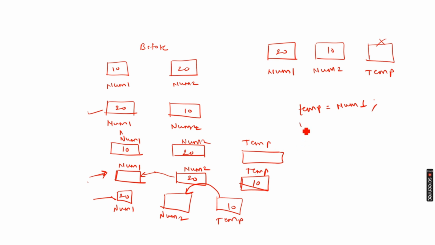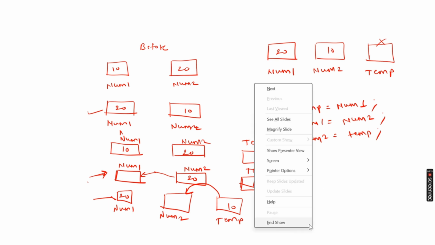So I am going to write num1 is equal to num2, and then I am going to assign temp to num2. So I am going to write num2 is equal to temp. This is the main logic behind the swapping. Now let us write the program for the same.